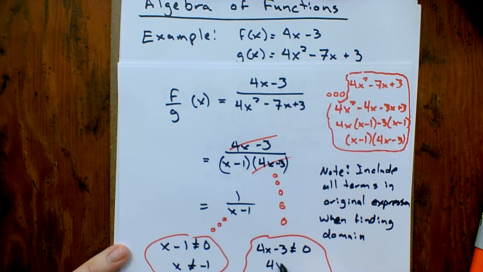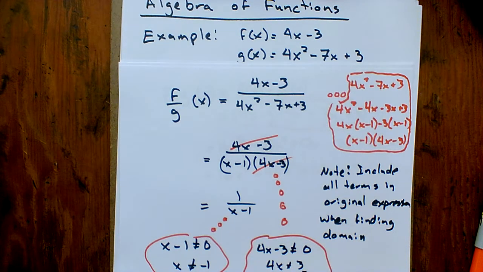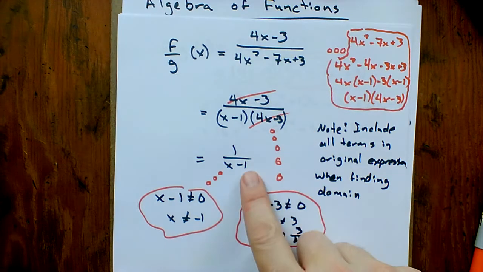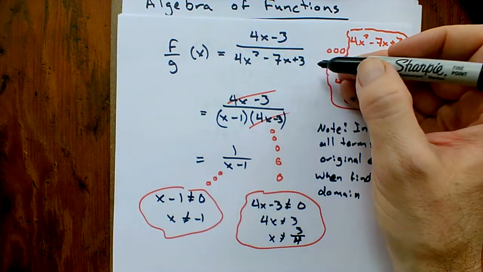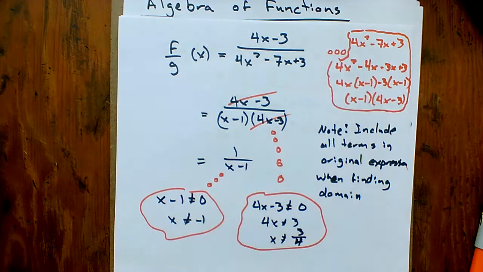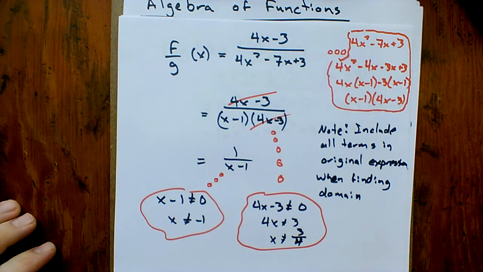So I couldn't have 4x equal to 3, or x could not equal 3/4. So I have two domain restrictions here. Even though my simplified expression only has one factor in the denominator, I have to remember that even something like 0 divided by 0 is still illegal. Alrighty, that's all I have for right now, and I will catch you in the next video.